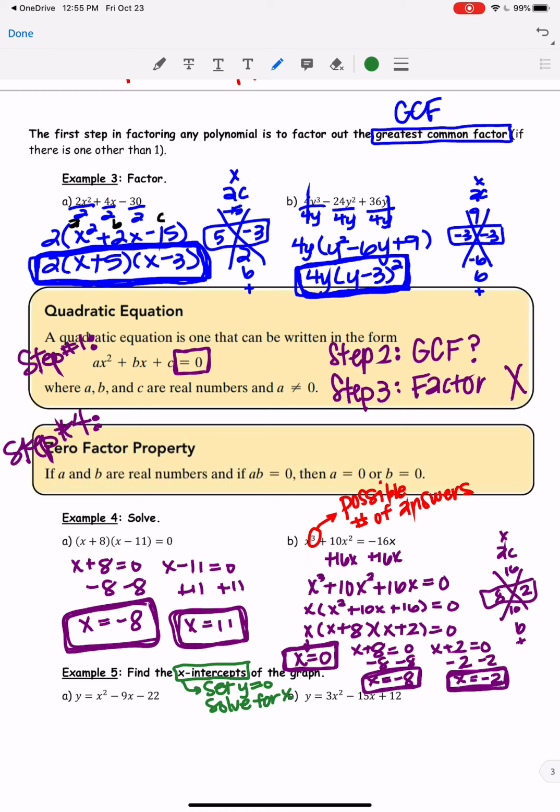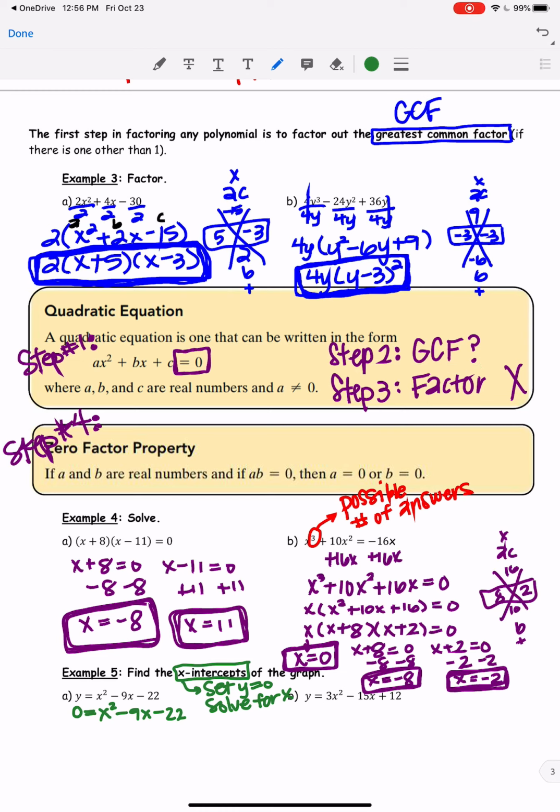So in A, we've got y equals x squared minus 9x minus 22. Now I've got 0 equals x squared minus 9x minus 22. Step 1 is already done, right? It equals 0. Step 2, does it have a GCF? I can't factor anything out of 1, negative 9, and negative 22, and they don't all have an x term, so I don't have a GCF.